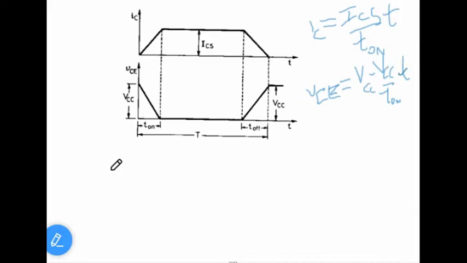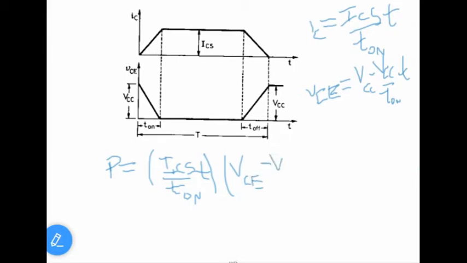Therefore, we find the power equal to voltage into current. Now, if you integrate this, you will get the energy. Let us integrate to get the energy loss.